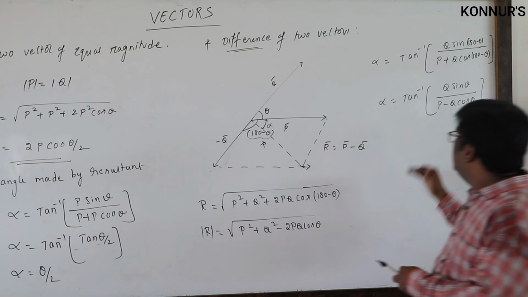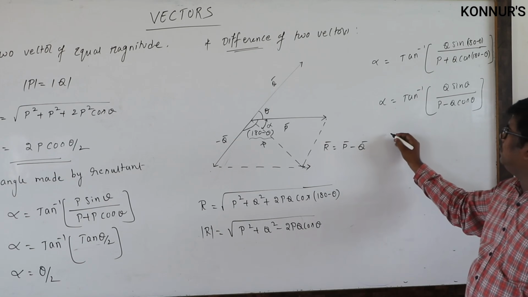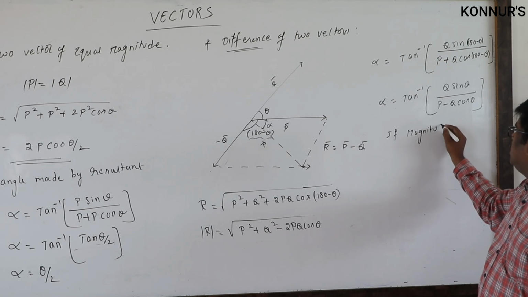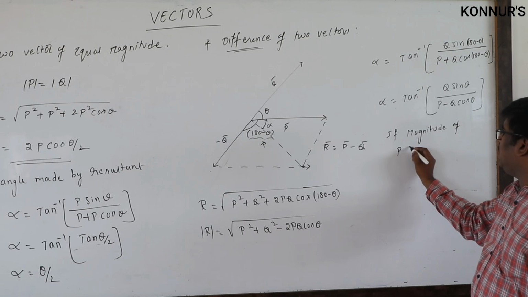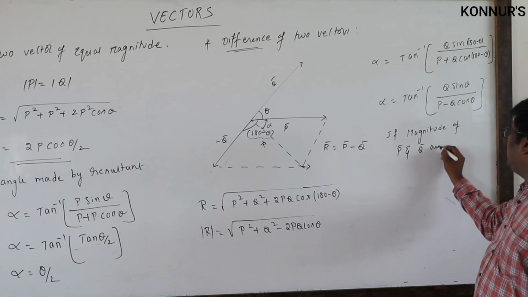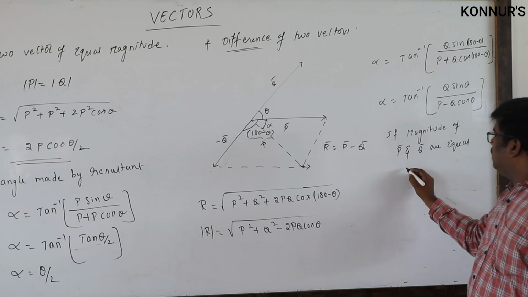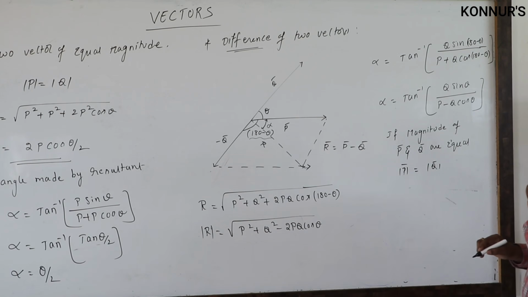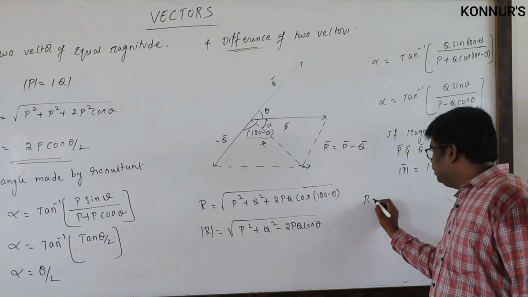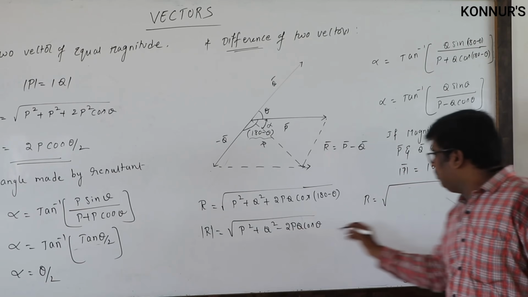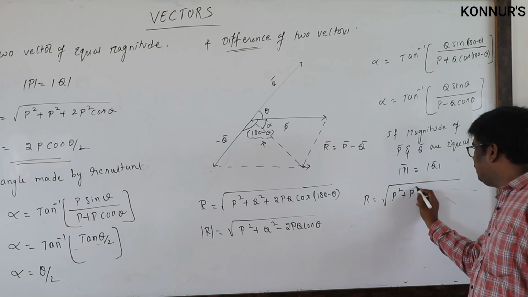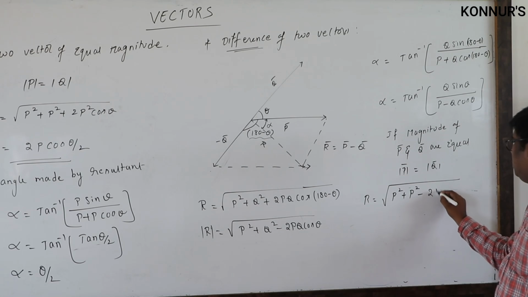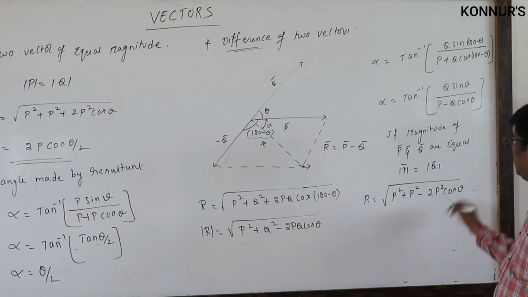In the same manner, if the magnitudes of p and q bar are equal, the difference is r equals root over p square plus p square minus 2p square cos theta.